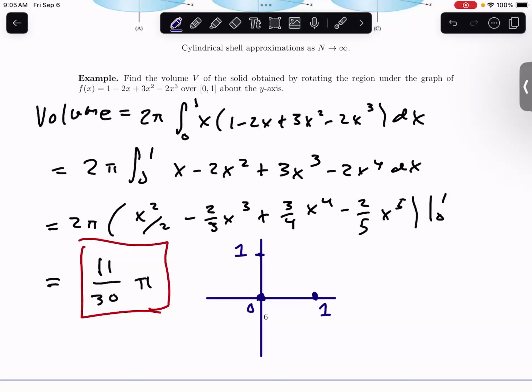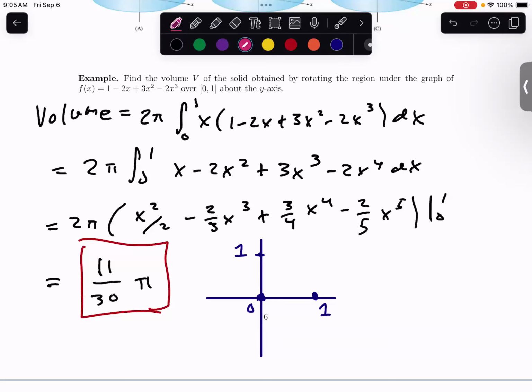So you get this point here. So the graph looks something like this on this region. You can plug in intermediate values to get the shape, but the cubic function has a wacky shape a little bit. It's not completely straight. And so what we're doing is we're rotating about the y-axis like this. The shape that we end up getting is kind of like an onion that's cut in half. So it looks something like this.